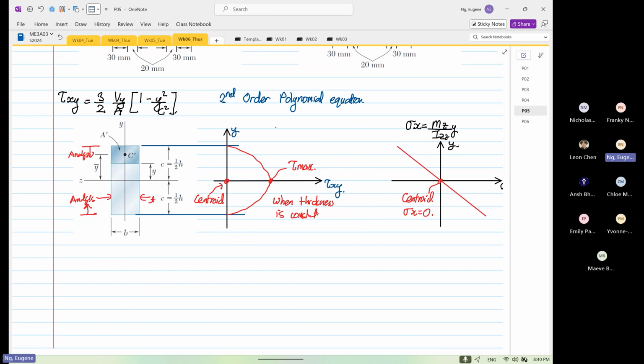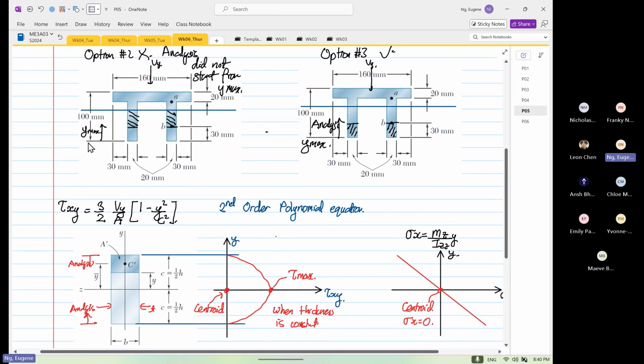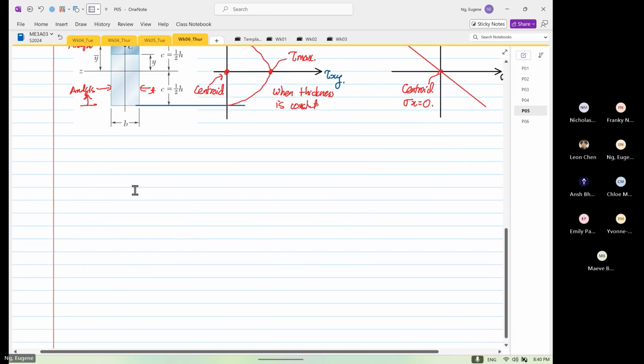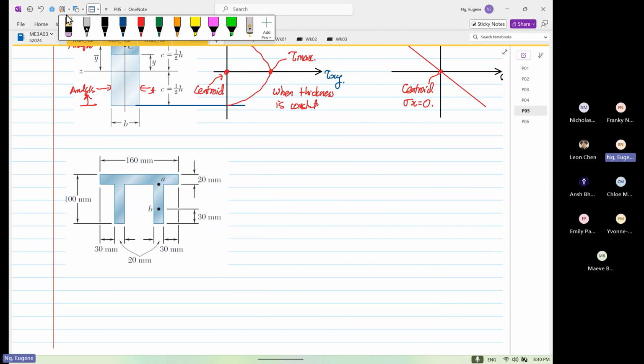Let's look at how to determine, with the example that we are doing now, how to determine the first moment of area. Okay. So let's put in some numbers now. So we are coming back to this example again.